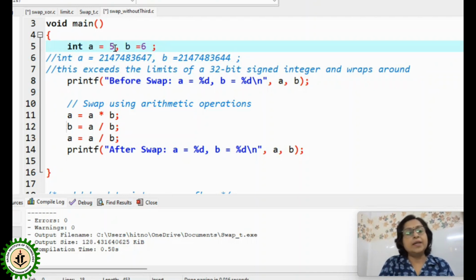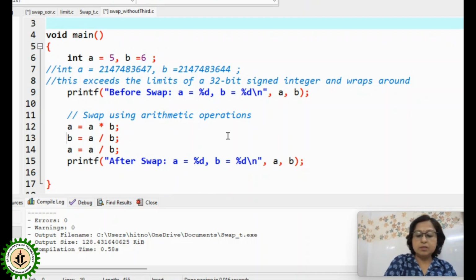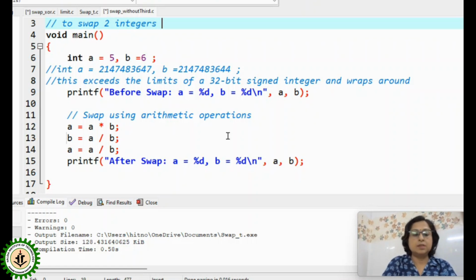Again, A is 5 initially and B is 6, as before. But here you see there is no temporary variable, because our aim here is to swap two integers without a third variable.